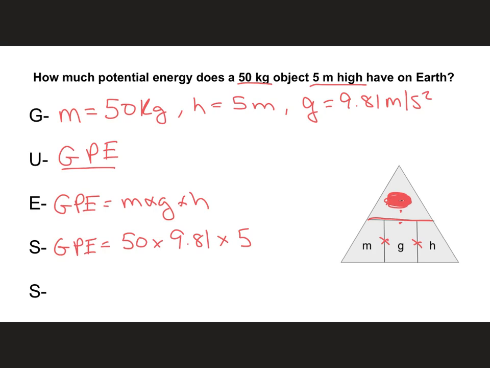The answer is 2450. So we're going to put GPE equals 2450 joules. Remember to always put your units in.